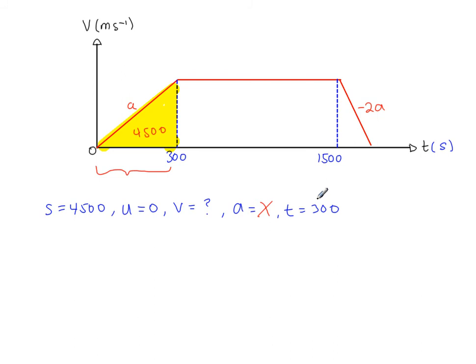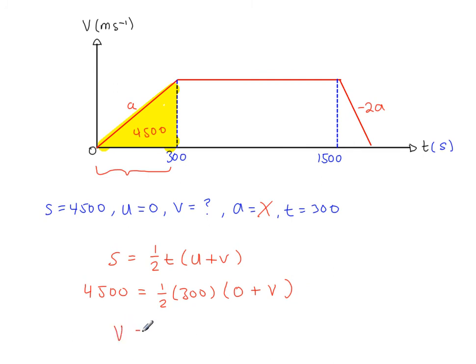So s is equal to half t times u plus v, so 4,500 is equal to a half times 300, and then u, which is 0, plus v, and then we can work out what v is equal to. 30 meters per second.